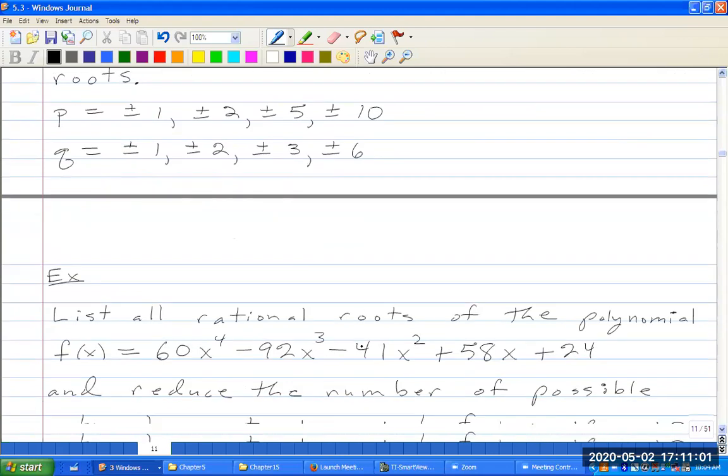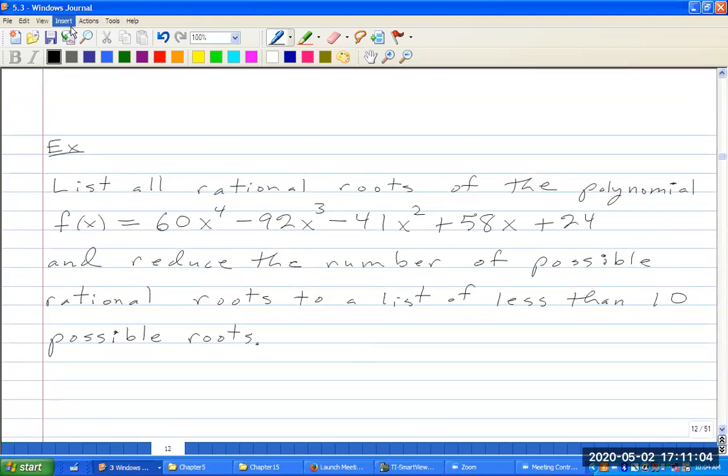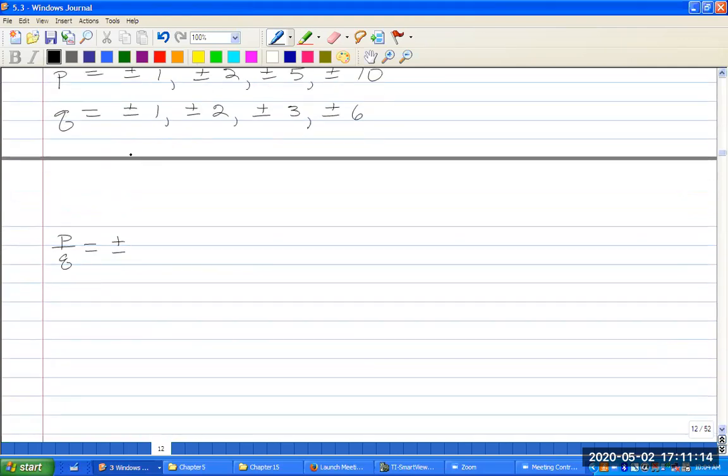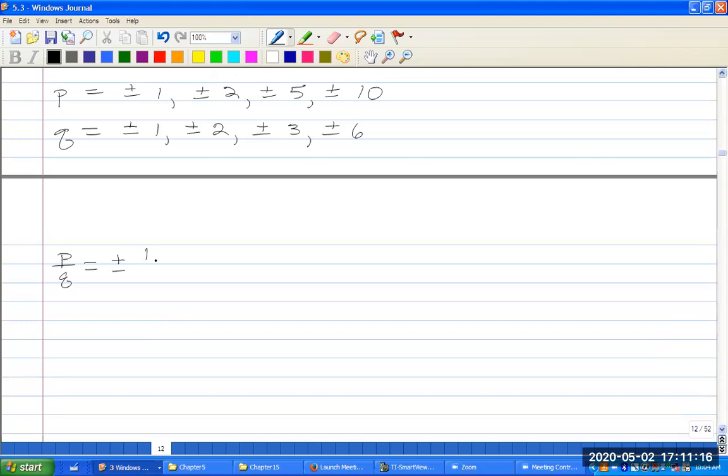And so let's look at P over Q. Here it will be important for me to write it as 1 over 1, 2 over 1, 5 over 1, 10 over 1. Now let's divide everything by 2. So if I divide by 2, I get 1 over 2. 2 over 2 I don't need to write. 5 over 2.